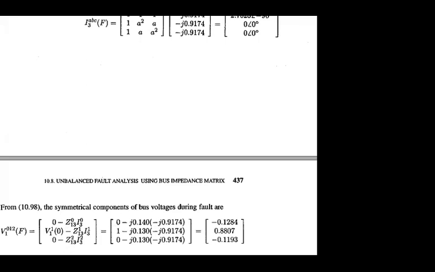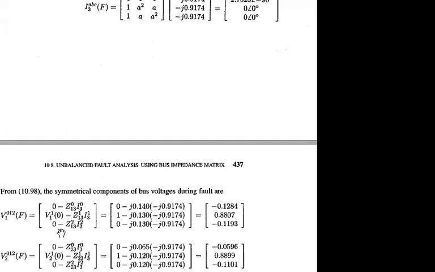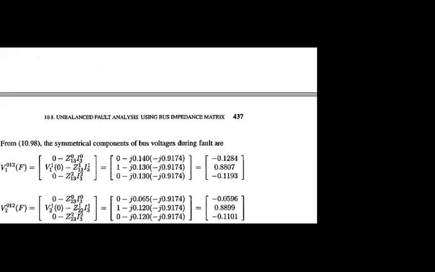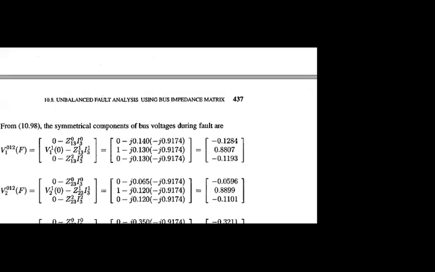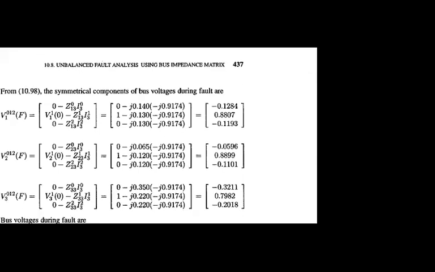So let's check whether it matches your concept or not. All the ones should be replaced by 2. Yes, it satisfies your condition. Now if we want to find V3, 0, 1, 2 during fault, the similar concept, all the 2s should be replaced by 3. It matches your condition, right?